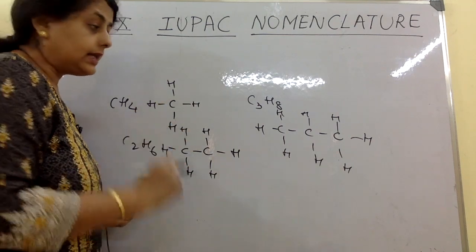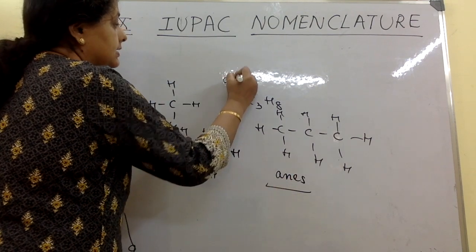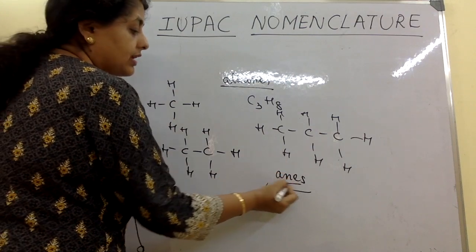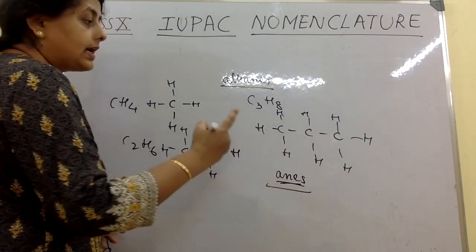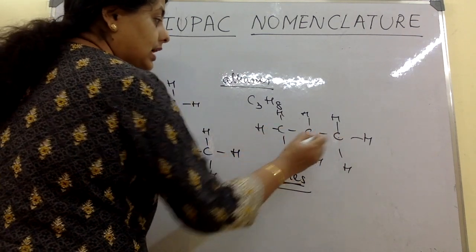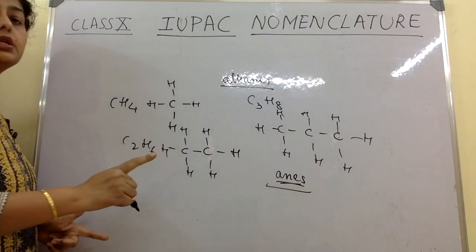So these are all alkanes. When we say alkanes, what is important to note is that between carbon and carbon there has to be a single bond.